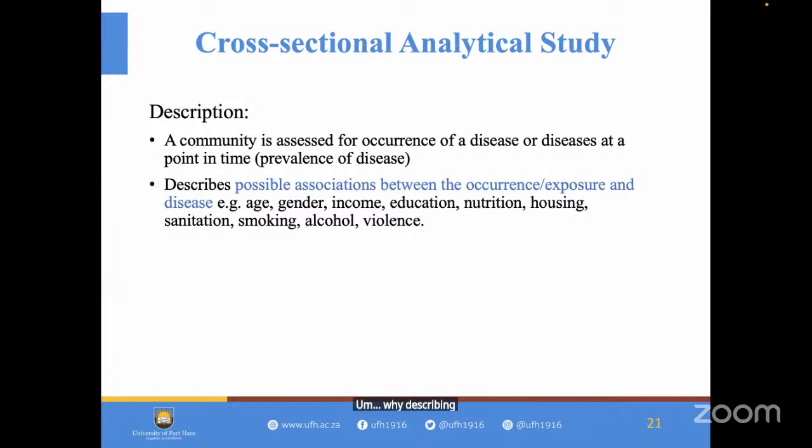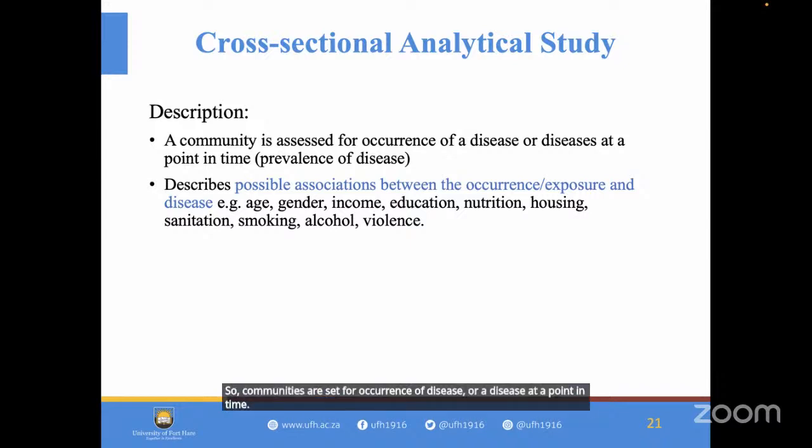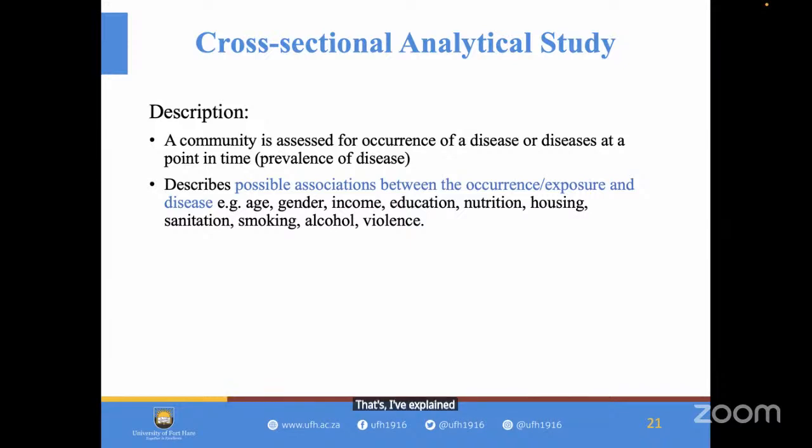While describing the descriptive cross-sectional part of this epidemiology study design, I've basically touched on parts of the analytical aspect of it. But just to buttress this a little bit, a community is assessed for the occurrence of a disease at a point in time. That I've explained. Remember, the descriptive is just telling us how many, who, and where.